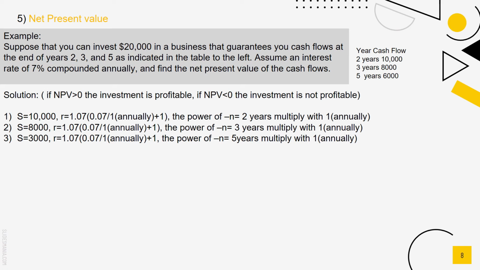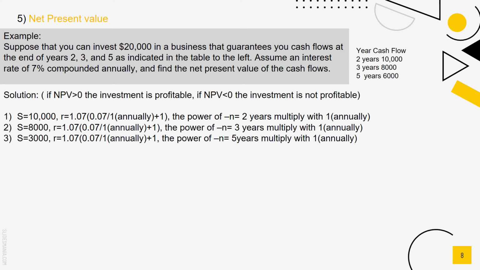R is 1.07. How do I get this value? You divide 0.07 by one, because one means compounded annually.